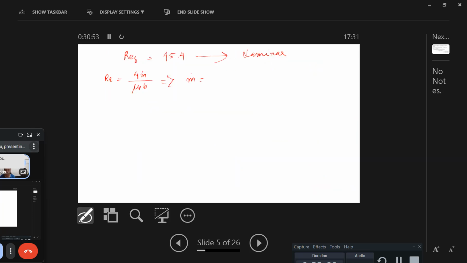M dot is equal to Re into mu L into B divided by 4.